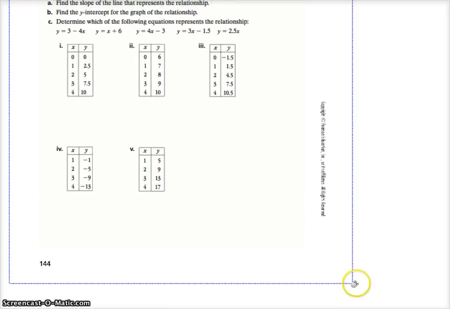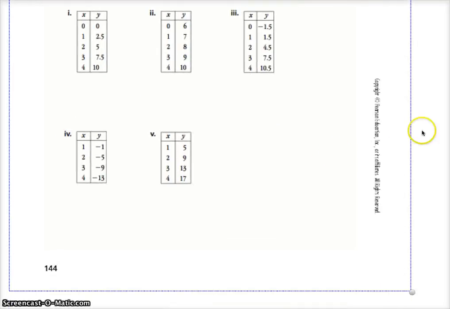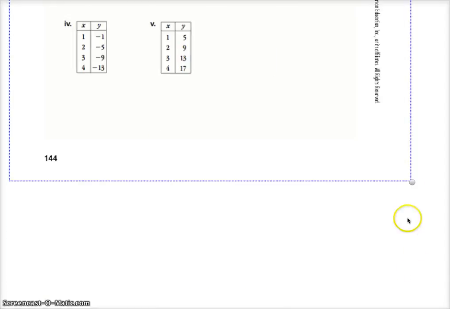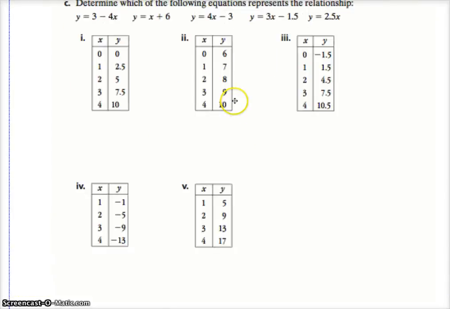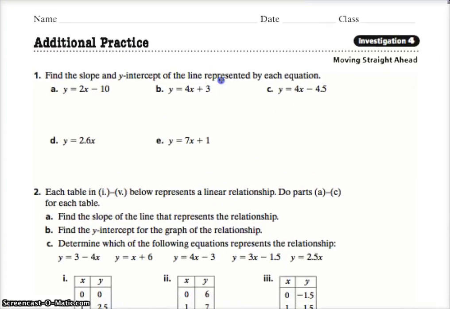Let's see, 144. Okay, let's make it a little bit larger, easier to read, even though it's blurry. It says find the slope and the y-intercept of the line represented by each equation. So this is an attachment to our book, just some practice. I'm going to put our slope in green and our y-intercept in blue.